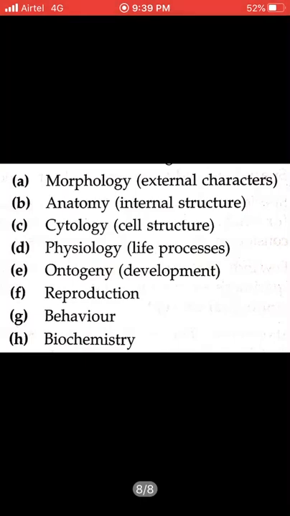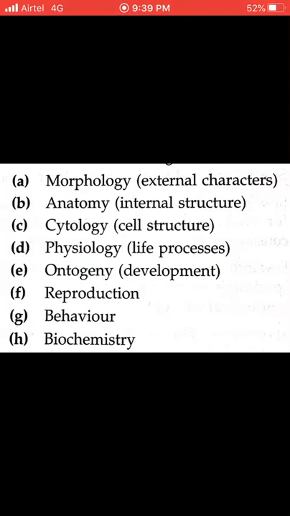Then second comes anatomy. Internally, what are the organs, what is the internal structure of the animal? Herbivores are different, carnivores are different, insects are different, plants are different, anatomically. Cytology is the structure of the cell, like plant cells are different, animal cells are different. On the basis of that as well, they are classified.